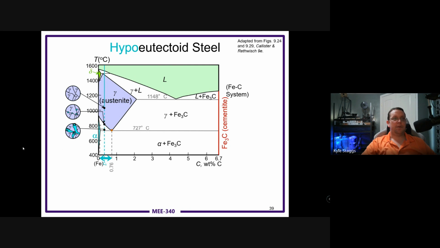And then as you go a little bit further, you can get into the perlite region. So you get perlite forming because of stratification that happens, and the degree to which you form perlite from these gamma grains of the austenitic phase is dependent on the path that you take, but it has to be below this 727, a temperature below the eutectoid point.